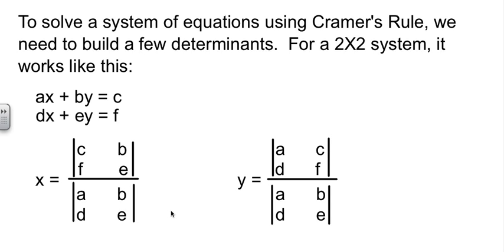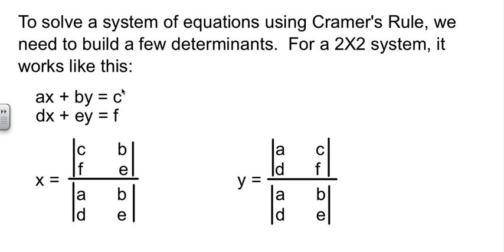Okay. Things I want to draw your attention to. The denominator is the same in both cases, and that denominator comes from the coefficients on the variables. You see it there, A, B, D, and E.